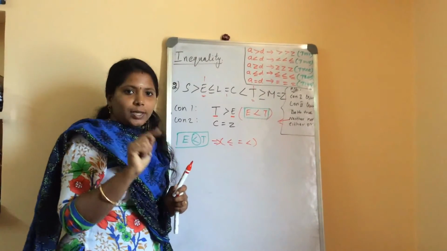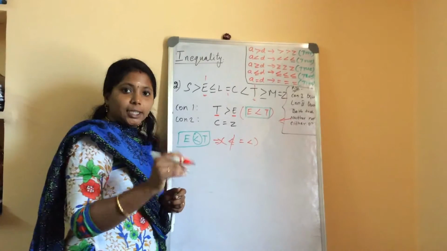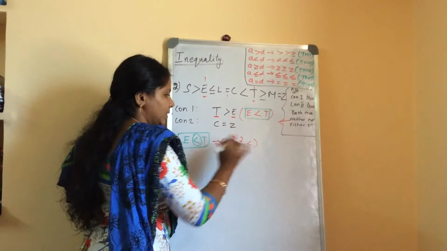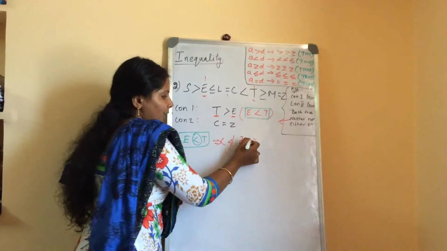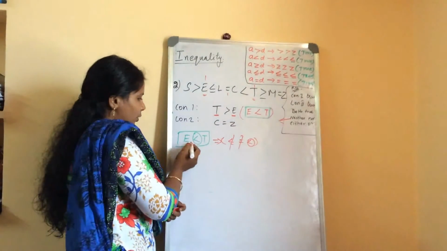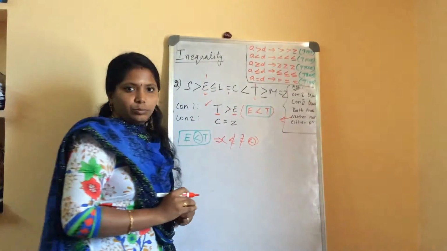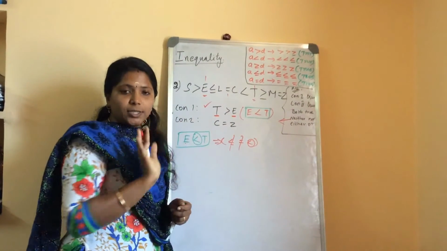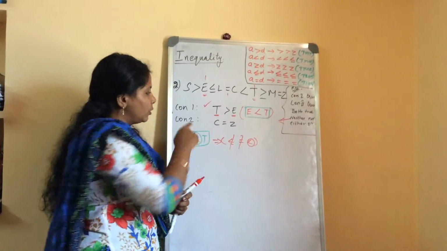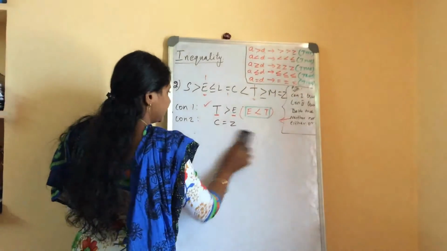I told you, less than or equal to means don't consider. Equal to means don't consider. Then we have the less than symbol, and obviously we need the less than symbol only. So E less than T is true. The conclusion is true. We'll go and see whether the second conclusion is true or not.